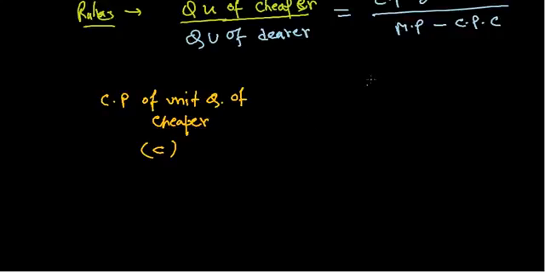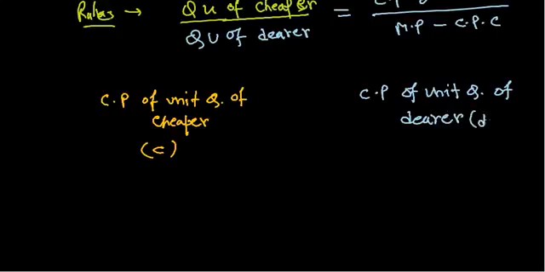Now let's say the cost price of a unit quantity of the dearer product is small d.